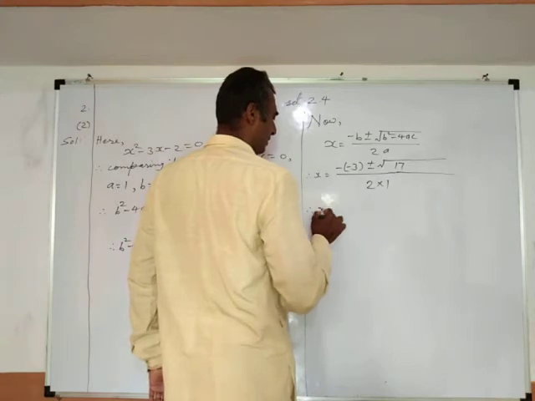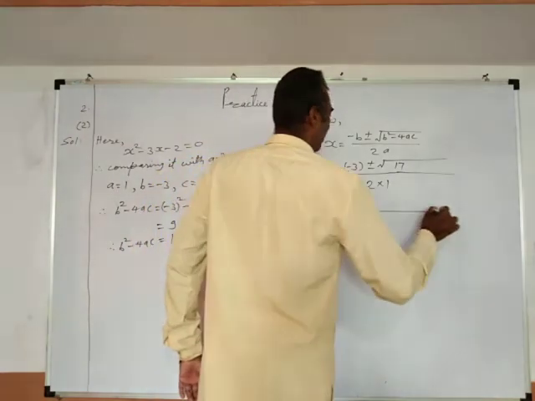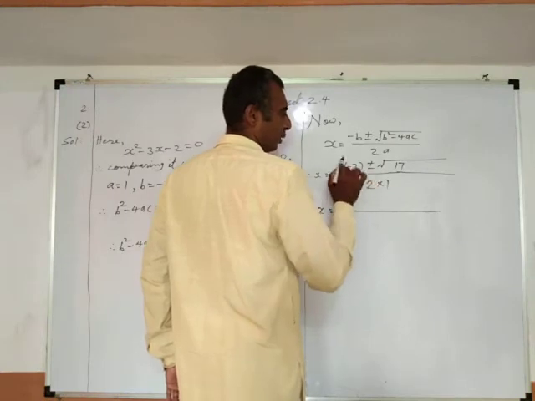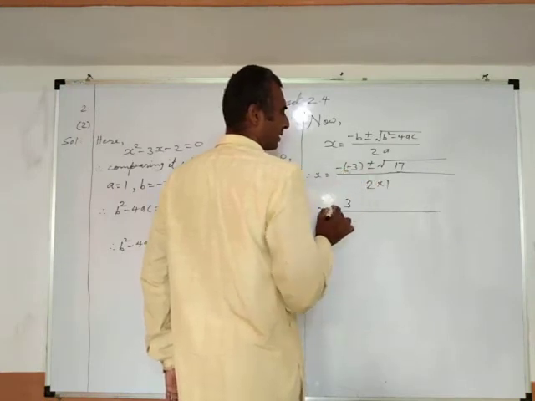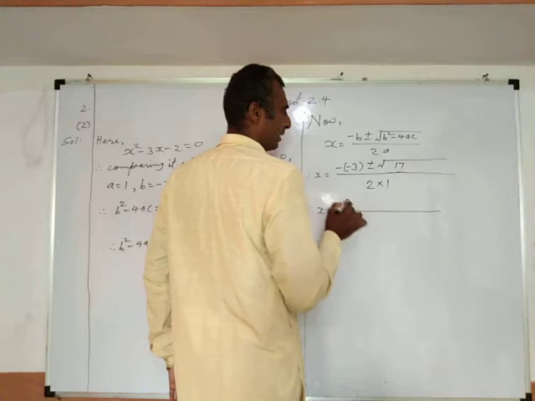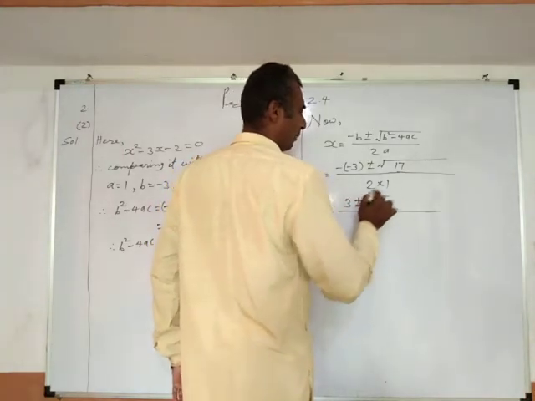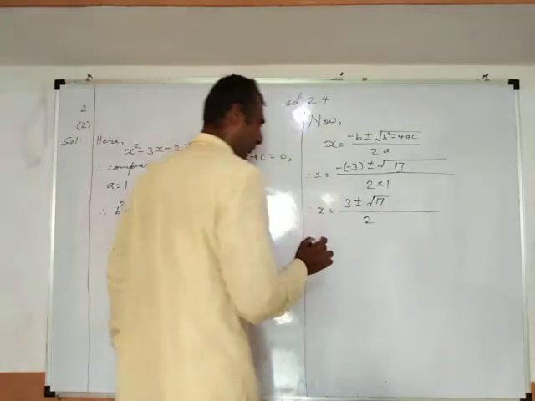Therefore x equals minus into minus gives us plus. Okay, we need not write that plus sign. Minus 3 becomes 3 plus or minus root of 17 upon 2 ones are 2.